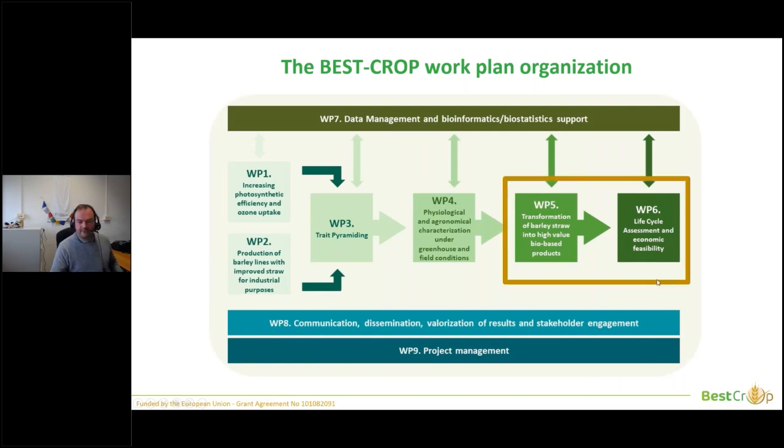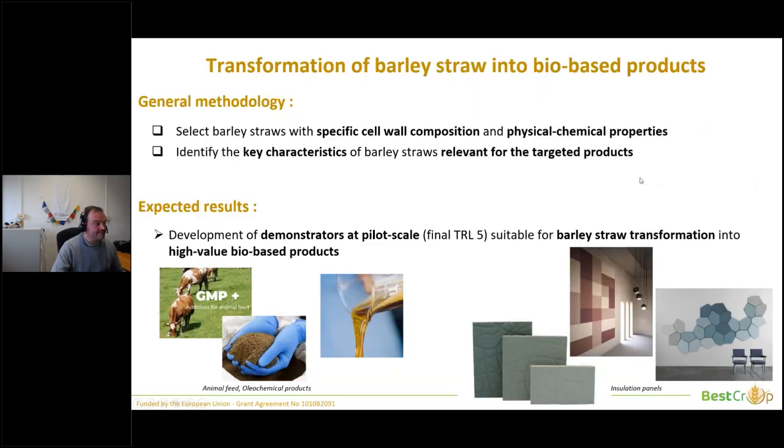The second part of our project is dedicated to transforming the barley straw of these selected lines into bioproducts. This is the aim of work package 5 and work package 6. In particular, after selecting the lines with the specific cell wall composition and physicochemical properties, we aim to obtain barley straw proteins as additive for animal feed, but also oleochemical products.